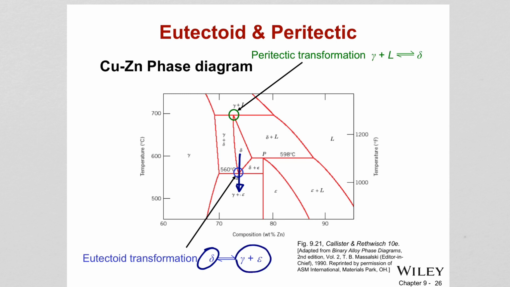What about the peritectic? When we start from this point and cool it down, it goes from gamma plus liquid to delta. So from liquid and solid combination you go to form one solid. As you can see, very complex phase diagrams also exist, like in this case we are seeing copper and zinc.